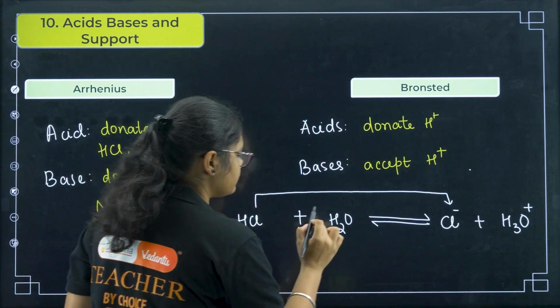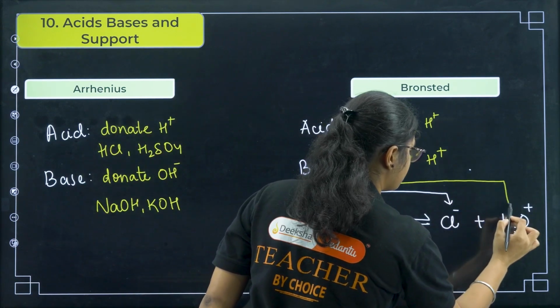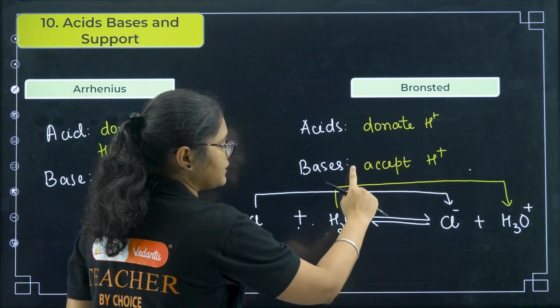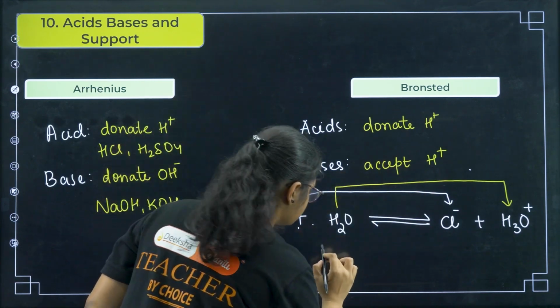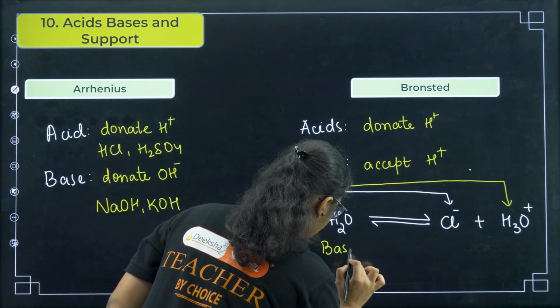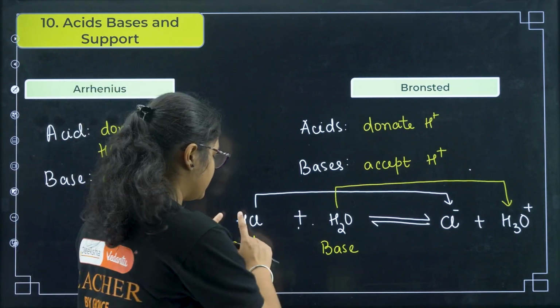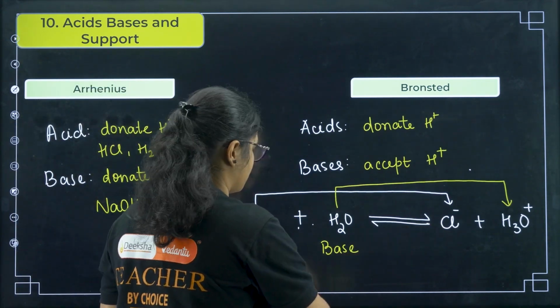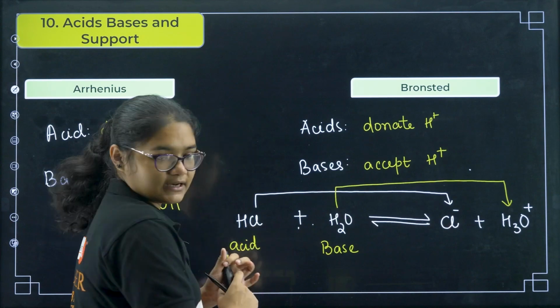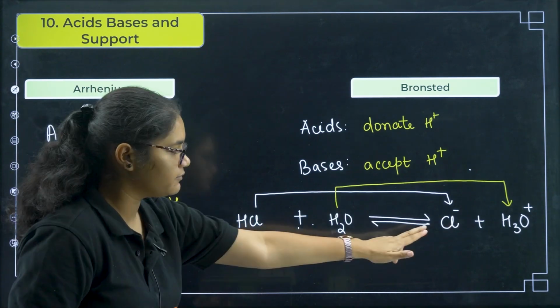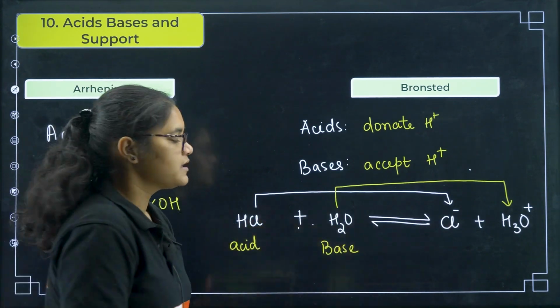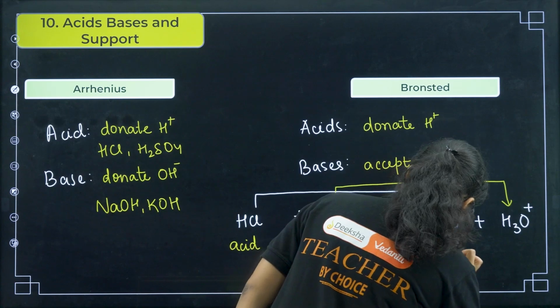From H2O to H3O plus, there is an acceptance of proton, so this is the base. Now HCl to Cl minus, this has lost a proton, so this is an acid, but we have a special name for this one also. This is called the conjugate base.